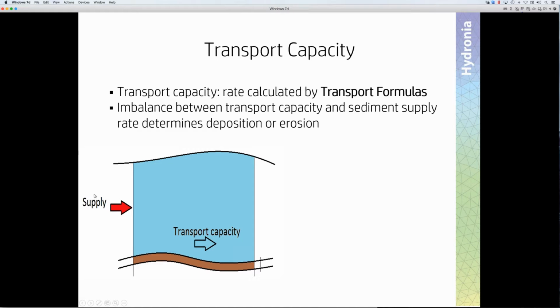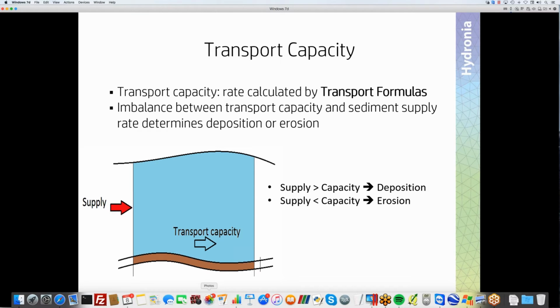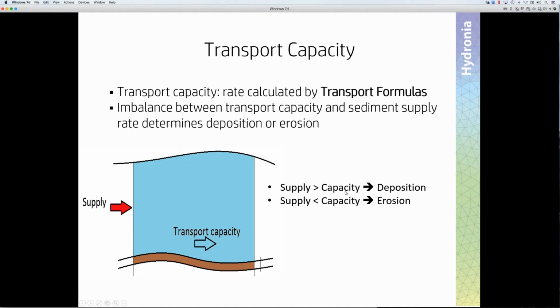And this is illustrated in this image here. You see the inflow supply, or the amount of sediment that is coming to a certain control volume, and the transport capacity is what the flow can incorporate from the bed, so that layer on the bottom. So if the supply is greater than the transport capacity, so you have more sediment coming in than out, then you have predominantly depositional processes.